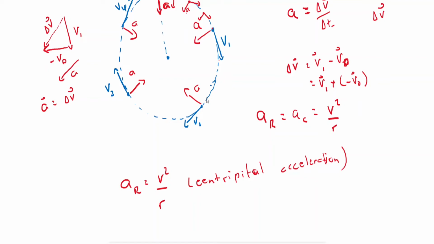Let's try a very simple example, whereby you have a circle with a 3.5 meter radius, and you are told that the object is moving at 8 meters per second. It's basically constant.